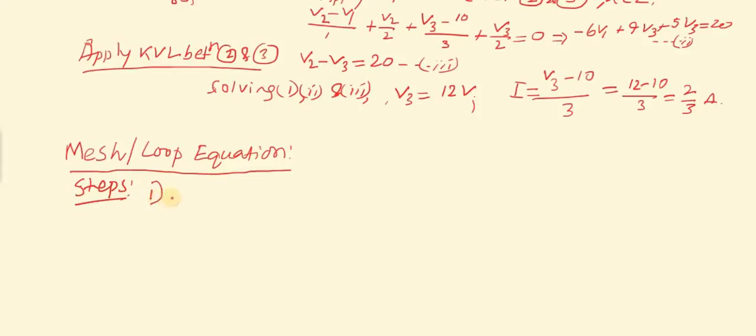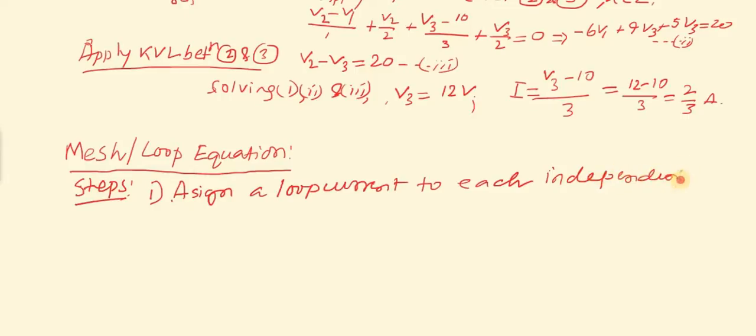First, assign a loop current to each independent closed loop.